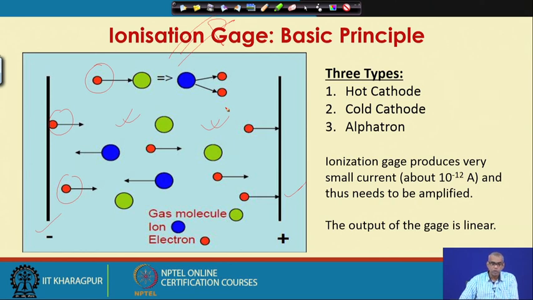Now, when the electrons pass through this potential difference, they will acquire kinetic energy which is proportional to the potential difference being applied. If this kinetic energy is large and the electron collides with these gas molecules, the gas molecule will be converted to a positively charged ion.